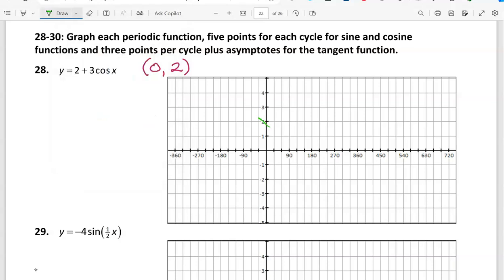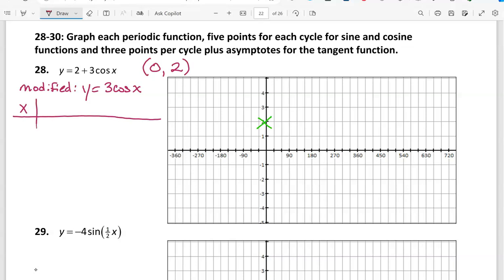And so I'm going to mark that off with an X, and then I'm going to create a table of values for the modified function, that is the function that has all the addition and subtraction taken out of it, so that's just y equals 3 times cosine x.